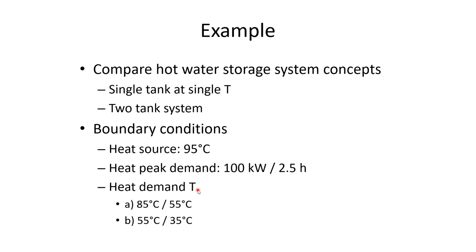And we will also have a look at two different heat demand temperatures, where the first case would be a system going between 85 and 55 degrees C, and the second system would represent a low temperature heating system, for example with just floor heating, 55 to 35 degrees C.